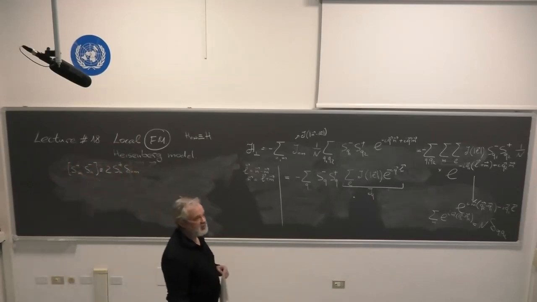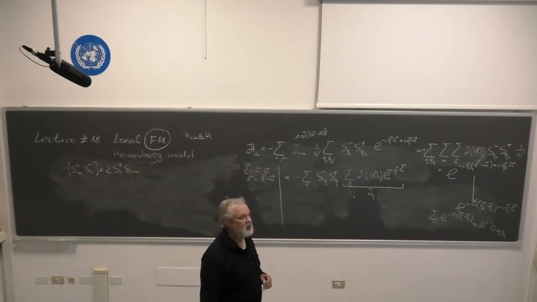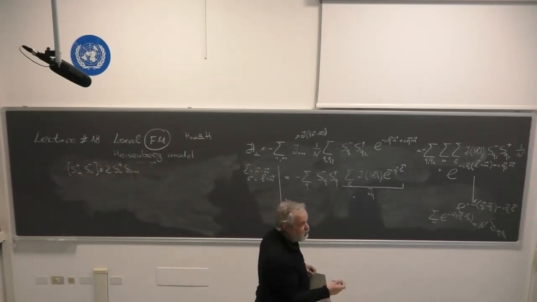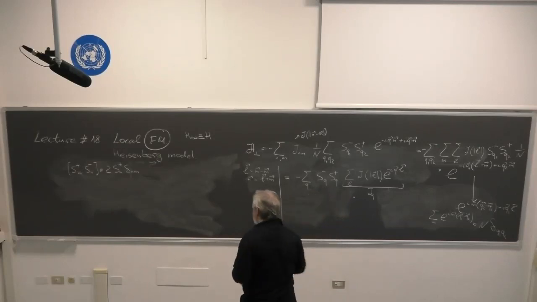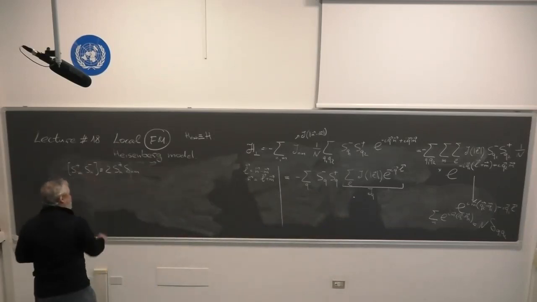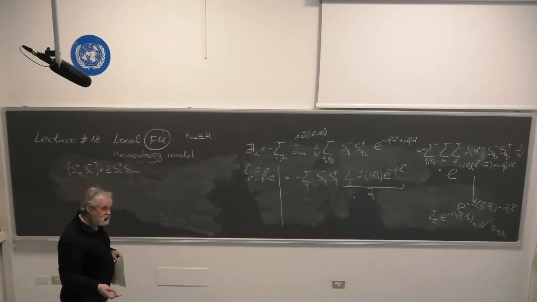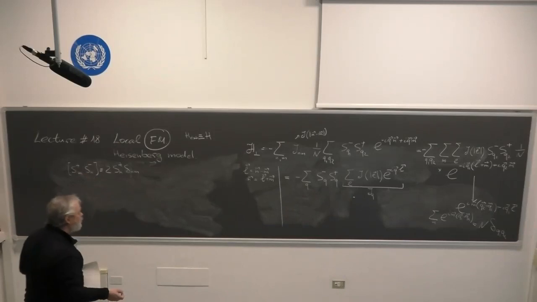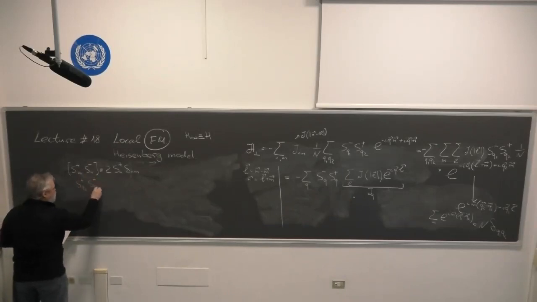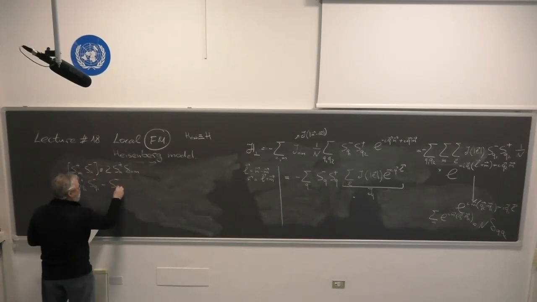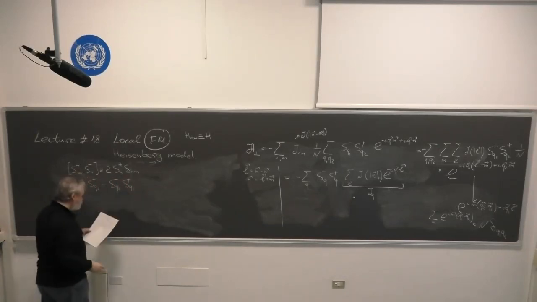So the commutator of S plus and S minus is expressed in terms of S^z. Therefore, in principle, spins are neither fermions nor bosons, because for bosons we have a commutator equal to 1, and for fermions we have an anti-commutator equal to 1. But here, the commutator of two ladder operators is expressed in terms of the longitudinal component. Okay, if I take the Fourier transform, I have S plus q1, S minus q2, minus S minus q2, S plus q1.